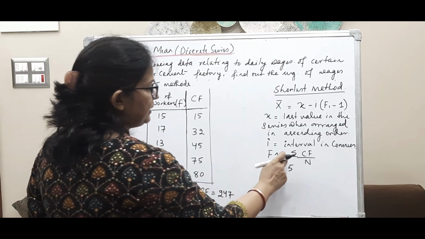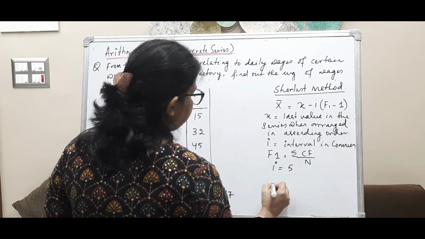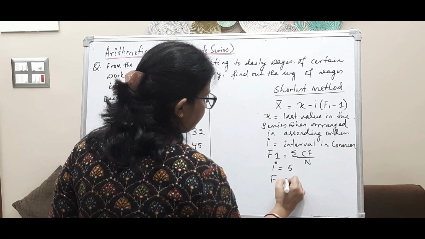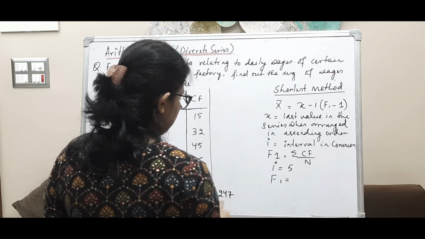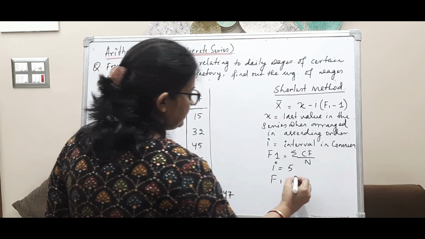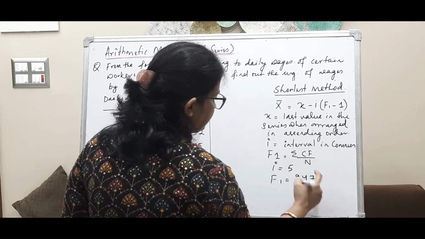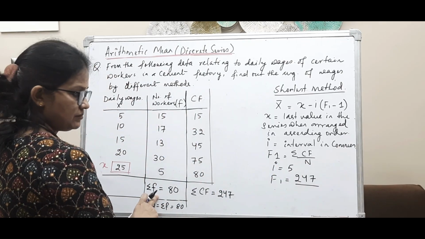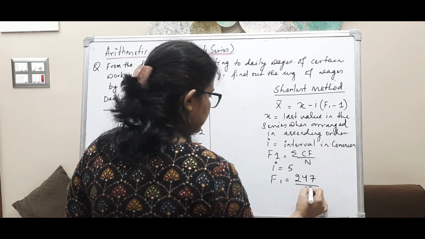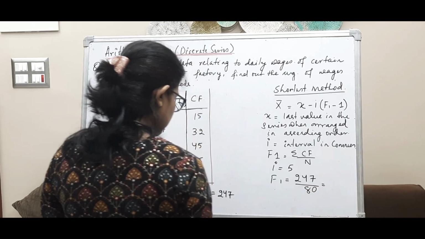So you can calculate F1 here. F1 equal to sigma of CF, that is 247, divided by N. N is nothing but our sigma of F, that is 80. So how much is it coming?